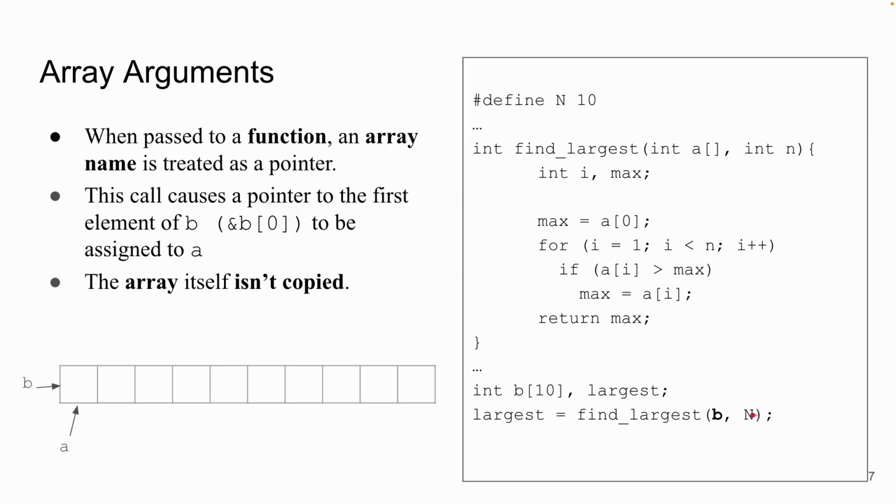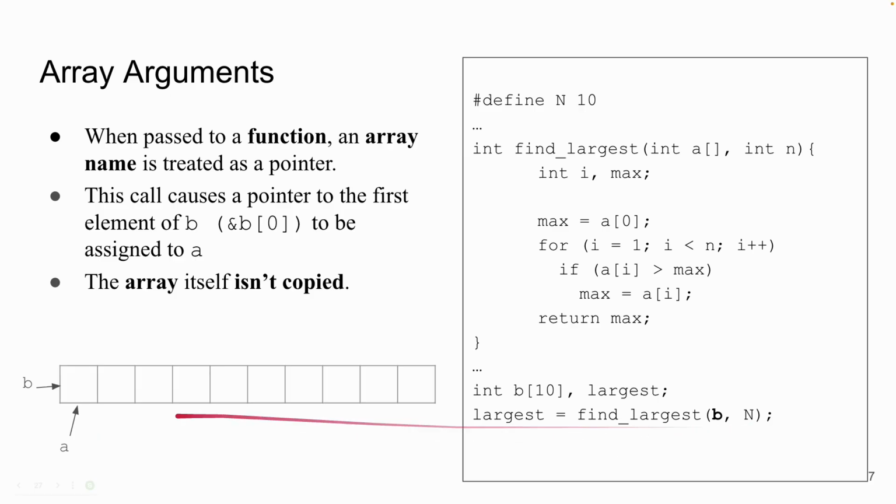And we can call the find largest function by using the name of array B and the length of B, n here. And we now know that the first argument B is actually the address of B0 here.